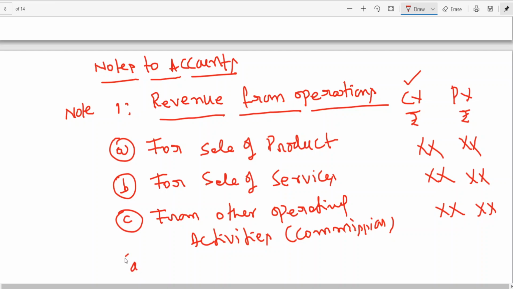From this, if at all any excise duty is levied, that excise duty is to be subtracted.